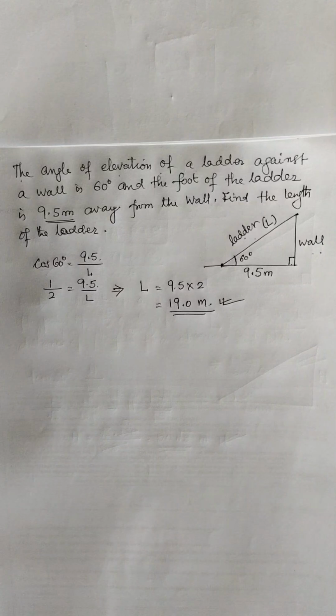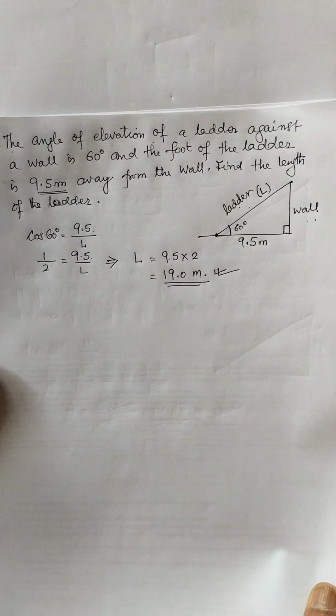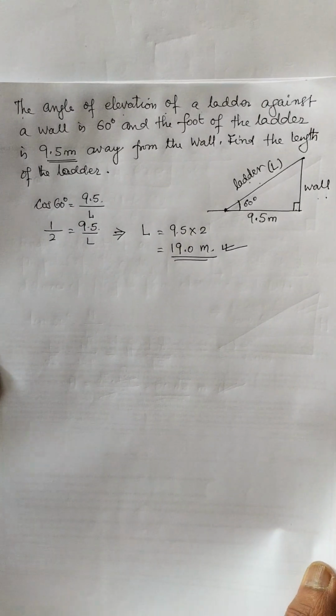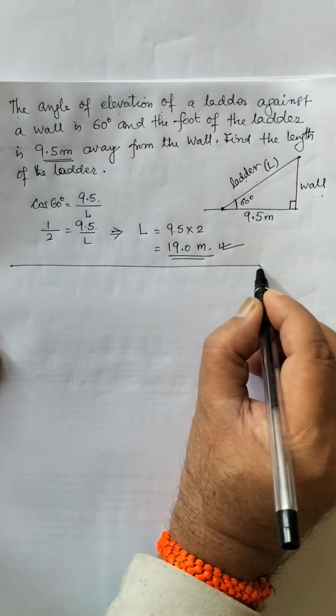Now see, the questions are not very difficult. The only problem is sometimes the language of the question may be confusing and students are not able to draw the correct picture. Let us consider another question.